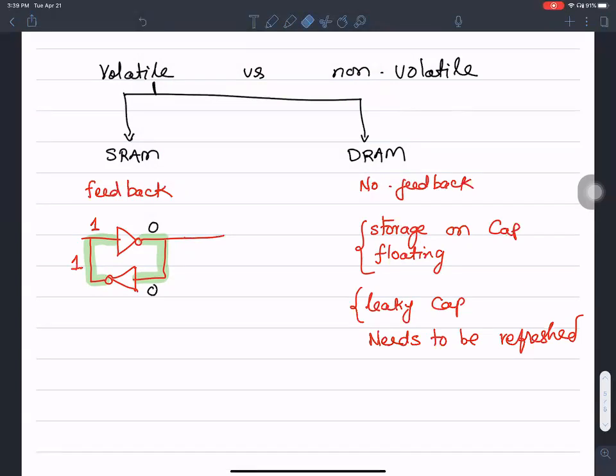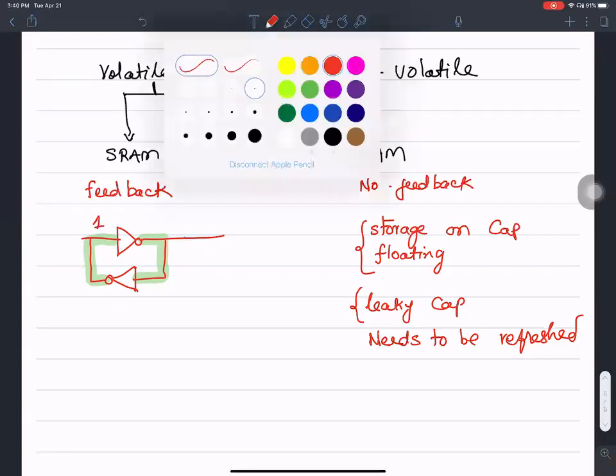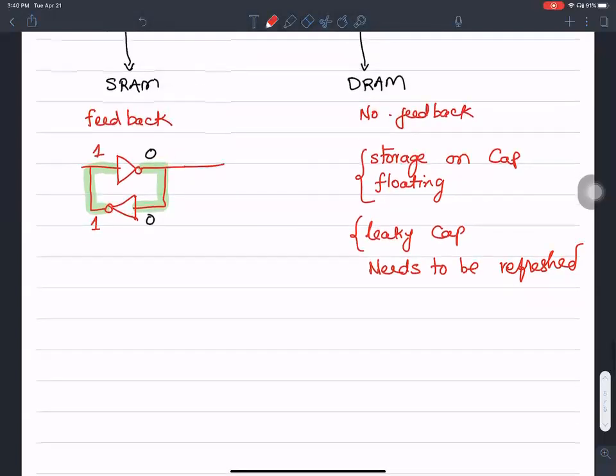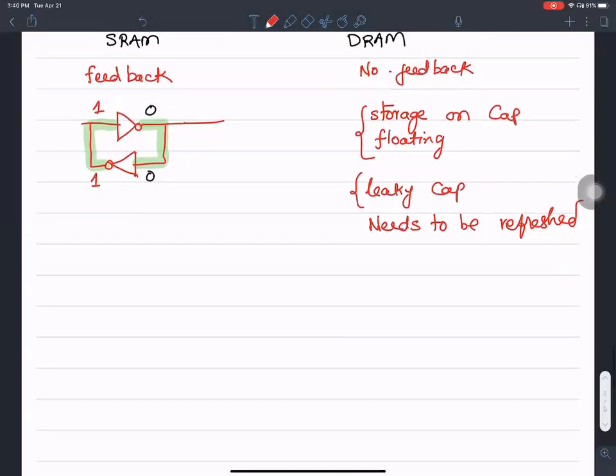As long as power is supplied to this, the contents of this memory keep reinforcing themselves. Once the power is turned off, the contents of the memory are erased. It's volatile memory, basically, right? So the idea that one gets inverted to a zero and zero gets inverted back to a one, reinforcing itself as long as the power is constantly provided, is the idea of volatile.